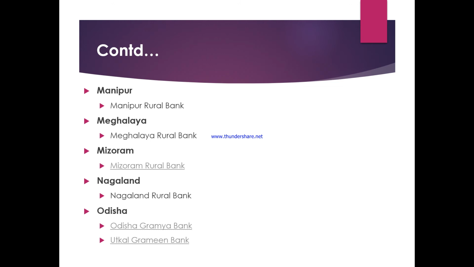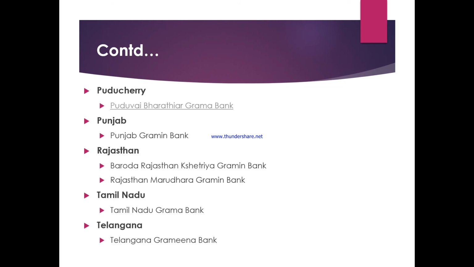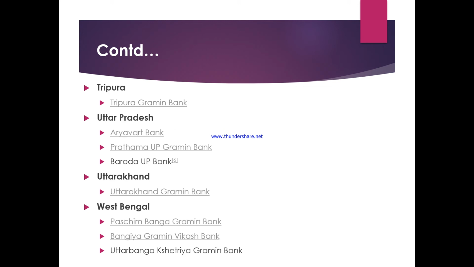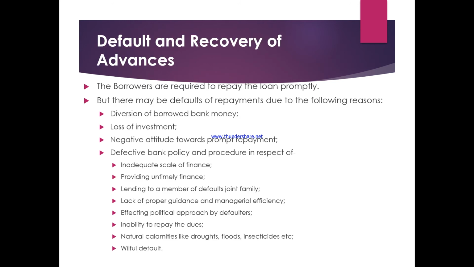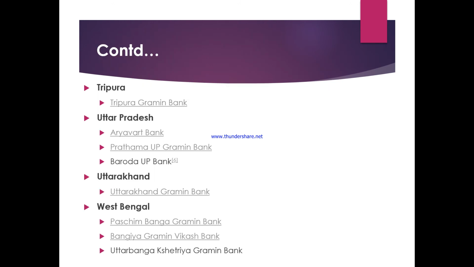Even Manipur, Meghalaya, Mizoram, Nagaland, Orissa have their own Gramin banks. Pondicherry, Punjab, Rajasthan, Tamil Nadu, Telangana, Tripura, Uttar Pradesh, Uttarakhand, West Bengal. So these are the Gramin or village bank branches that have been established to help rural people.